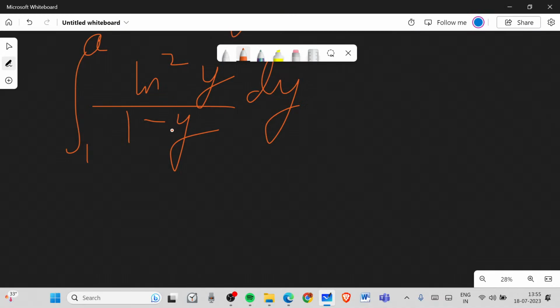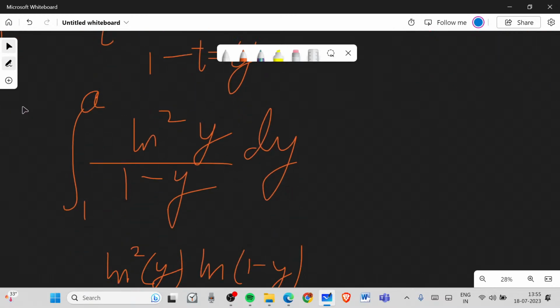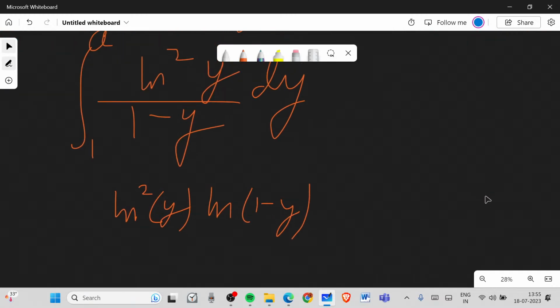If you are watching my video from the start till here, then you must know what I'm trying to say. Differentiating one part and integrating the other, first of all just find its indefinite integral. It's ln square y times ln 1 minus y. There is a negative sign missing. Integrating it is ln 1 minus y.